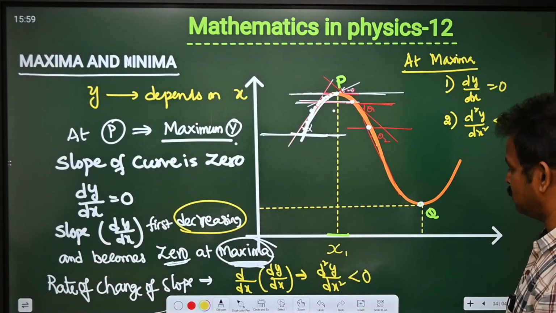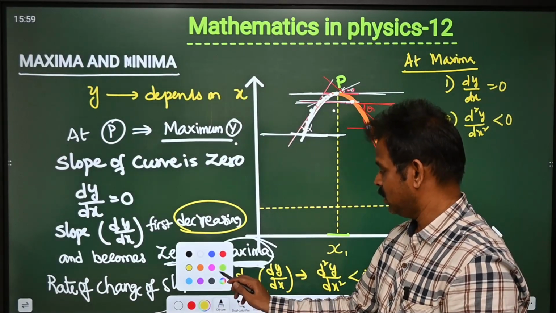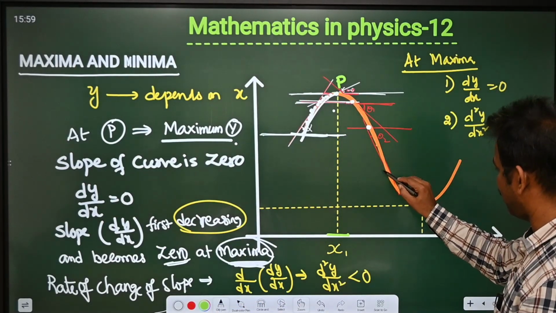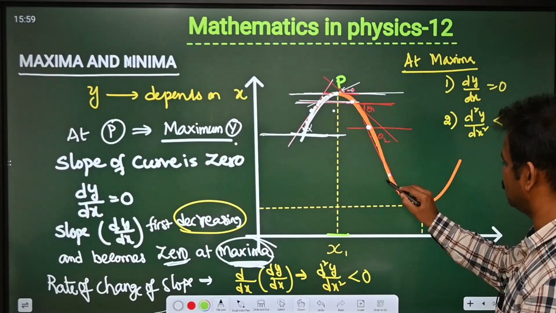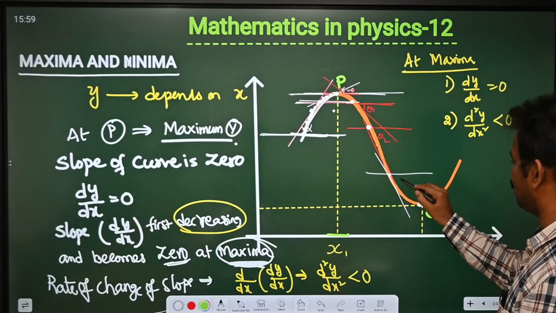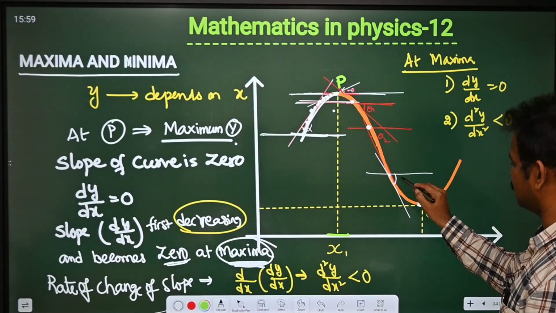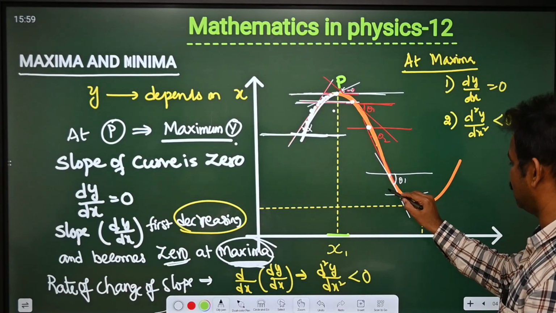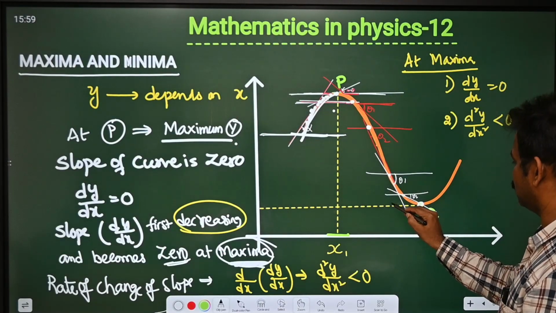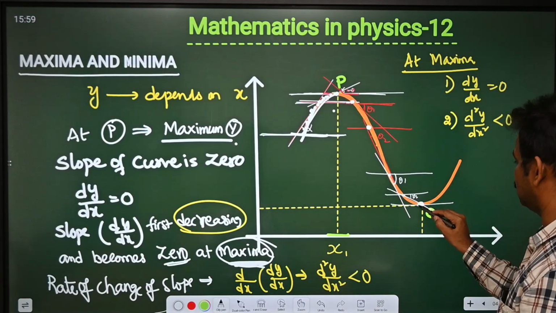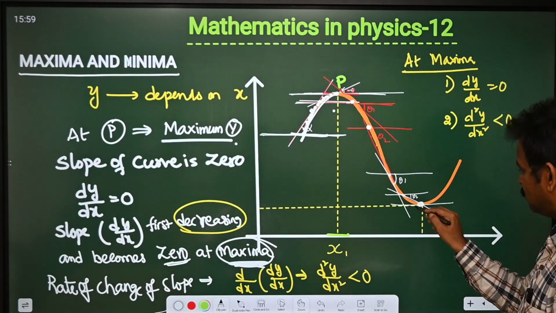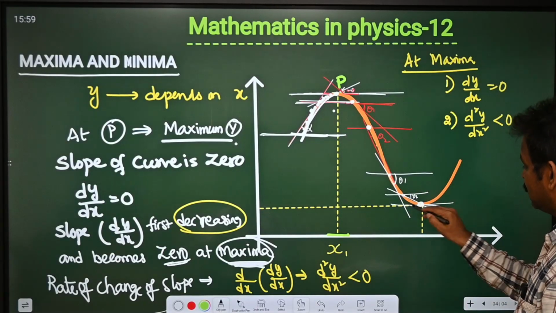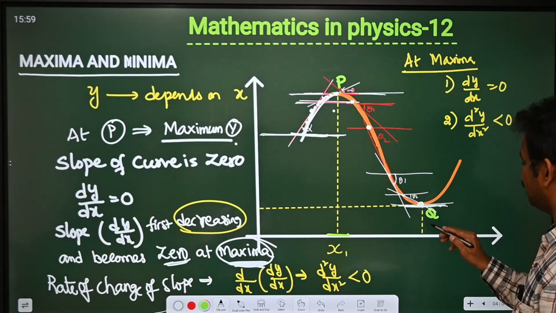Now if you take the other point, students, the minima point, here we can see, when finding the slope at this point, draw a tangent, draw a line parallel to x-axis. This is theta 1, and then if you want to find the angle here, this is theta 2, and now this is theta. Here, if you observe this one, the angle made by this one with the x-axis at minima is 0.